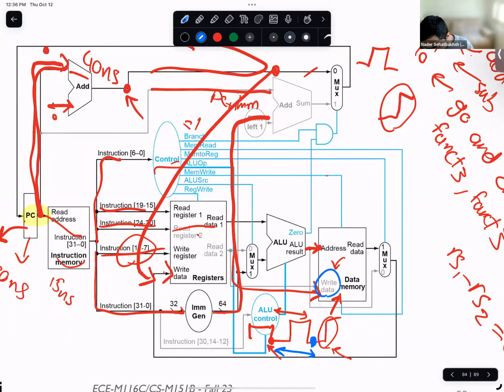Things will not be written until this next positive edge, okay? So as long as this time is enough for things to settle down, then we are good to go, because at the next positive edge of the clock, that's when we are writing things to the memory, or to the registers. So remember, writes are always sequential, which means that they're always synchronized with the clock to avoid the kind of problems that you mentioned.